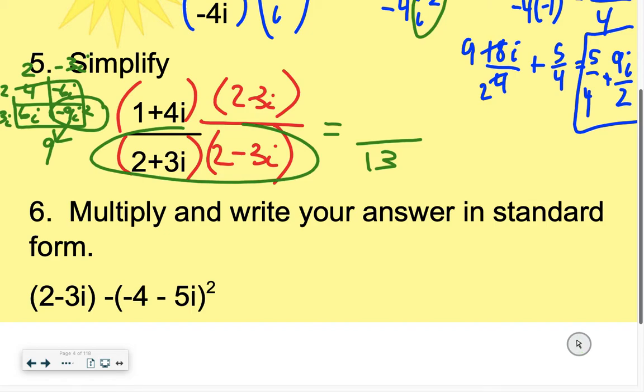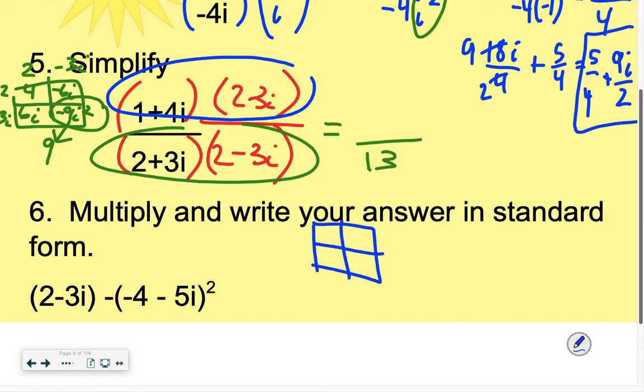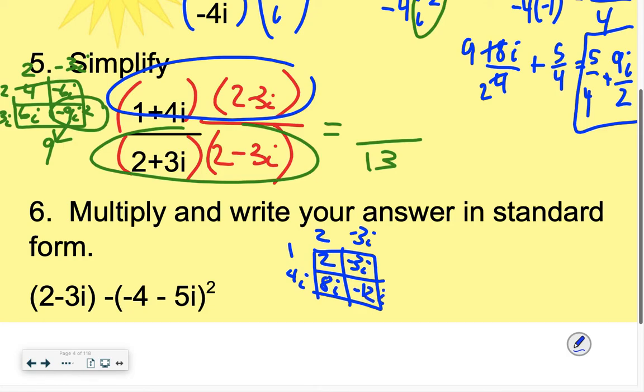But then we have to do something similar in the numerator. So I'm multiplying this. I'm going to put it down here and make a little box. You don't have to do the box. You could use the distributive property. 1 plus 4i times 2 minus 3i. So I get 2, negative 3i, 8i, and negative 12i squared.